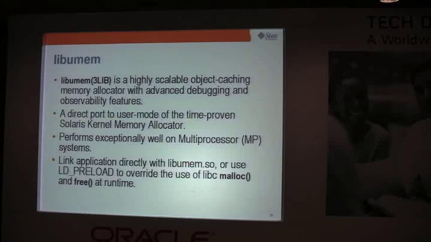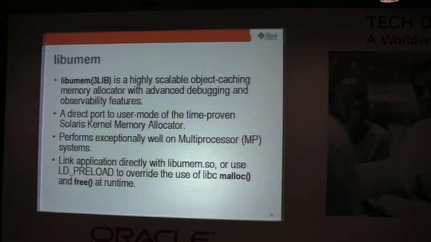He likes libumem so much, he's actually ported it to Linux. So you can actually get libumem on Linux. It has so much rich functionality. It performs exceptionally well on multiprocessor systems. I'd say it's fairly wasteful when it comes to memory usage, but anyhow you get very good scalability.